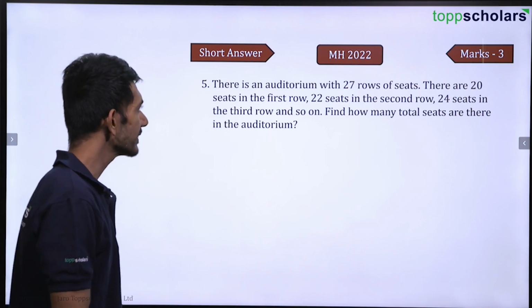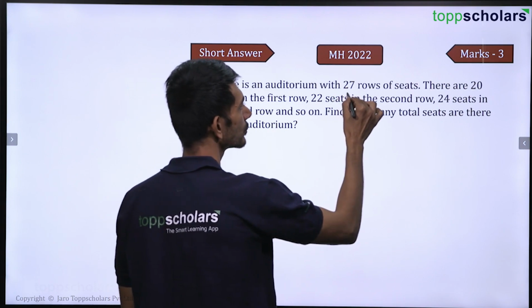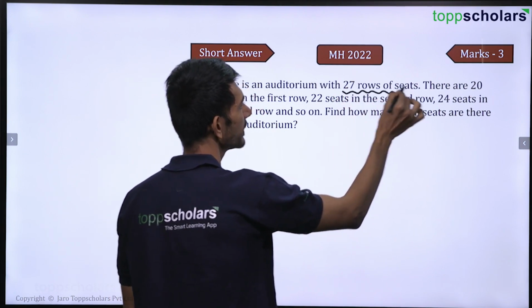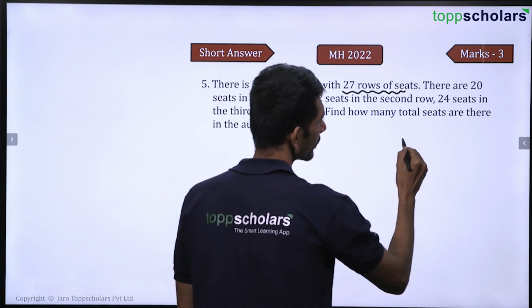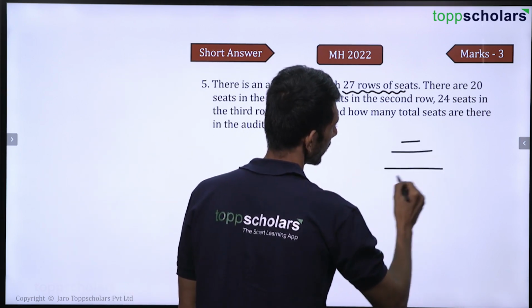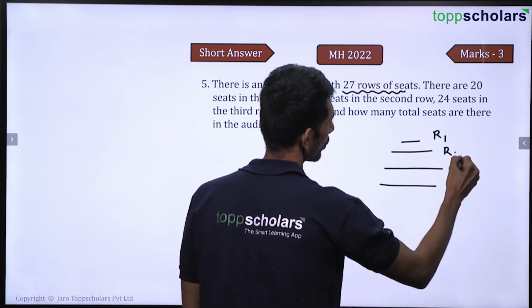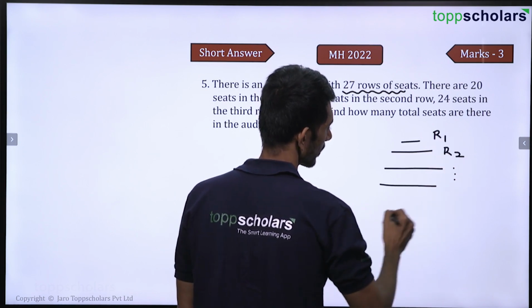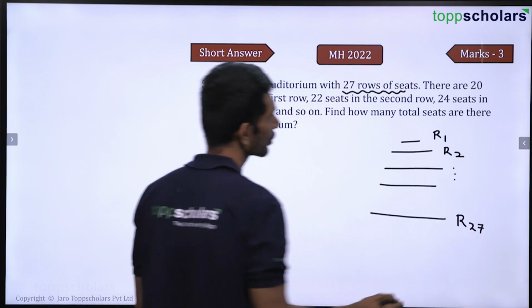Now comes a new question. It says there is an auditorium with 27 rows of seats. So there are 27 rows like this. This is row 1. This is row 2. Dot dot dot. There are 27 rows. Row 27 is the last row.